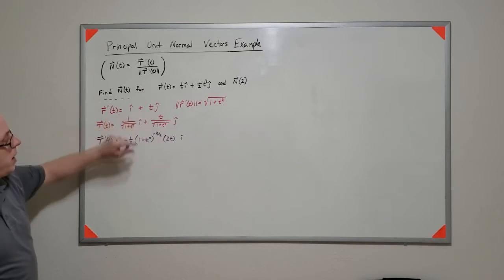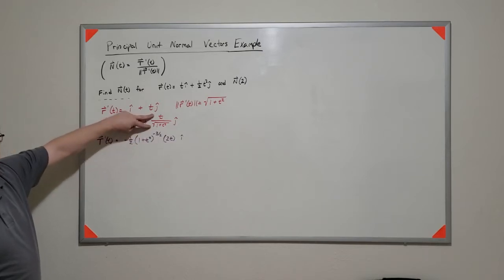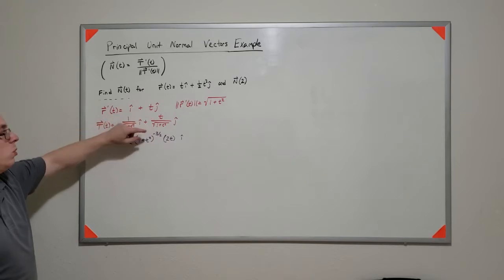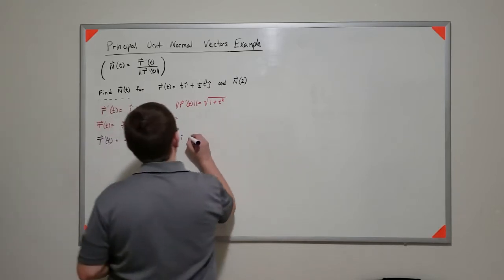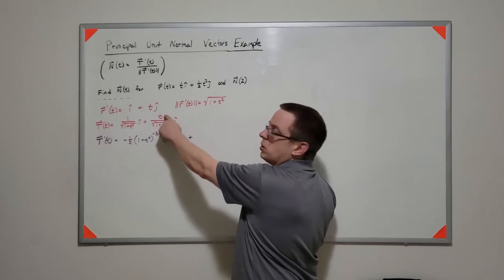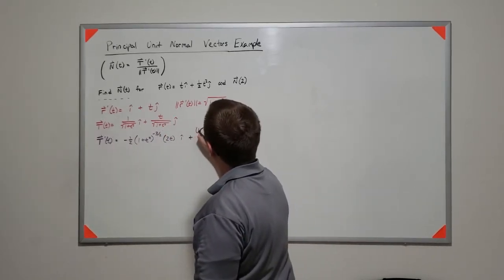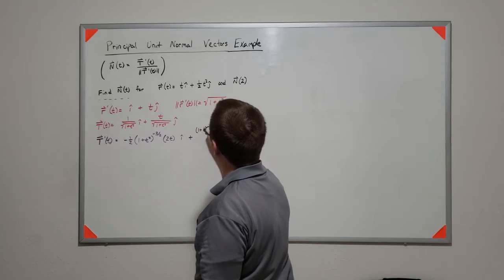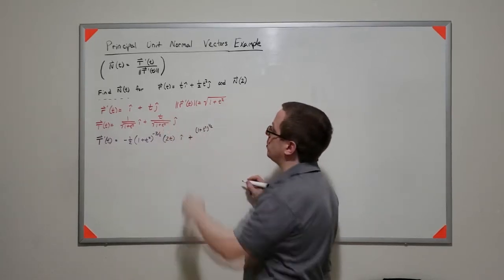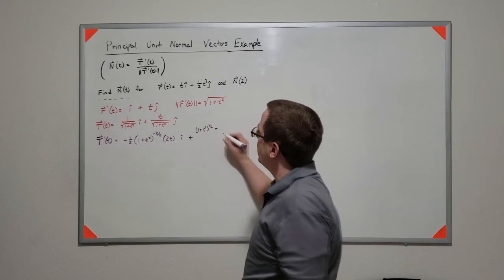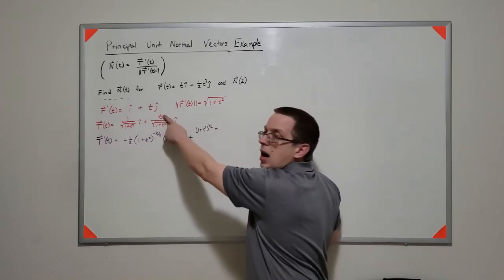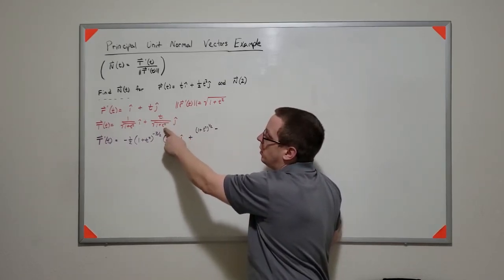We're going to simplify this, but that would be okay for that one. For this one, since I have t's on top and bottom, maybe I'll use the quotient rule. The way the quotient rule goes is it's low times the derivative of the high. So that's (1 plus t squared) to the 1/2 times the derivative of this, which is just 1, minus the high times the derivative of the low.